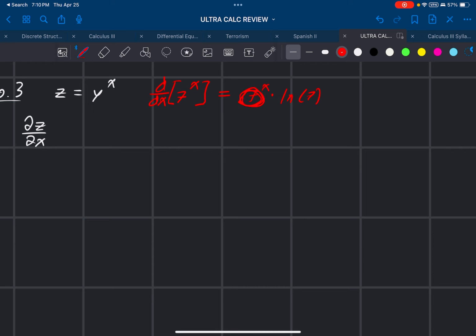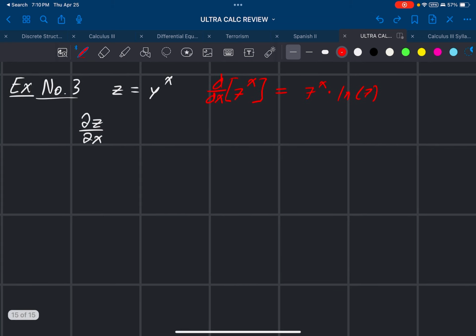So this guy right here. So for this problem, you'd be doing y to the x times the natural log of y. So, yeah, it's basically how you do that partial.